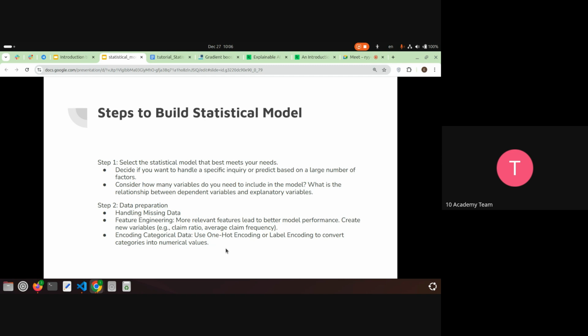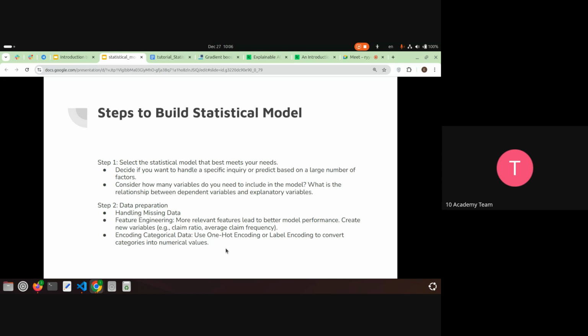When it comes to selecting the statistical model itself, you need to think about what question you're trying to answer. Are you looking to predict a value? Are you looking to answer a particular question, like do you have assumptions you want to confirm or deny? This is hypothesis testing, basically.